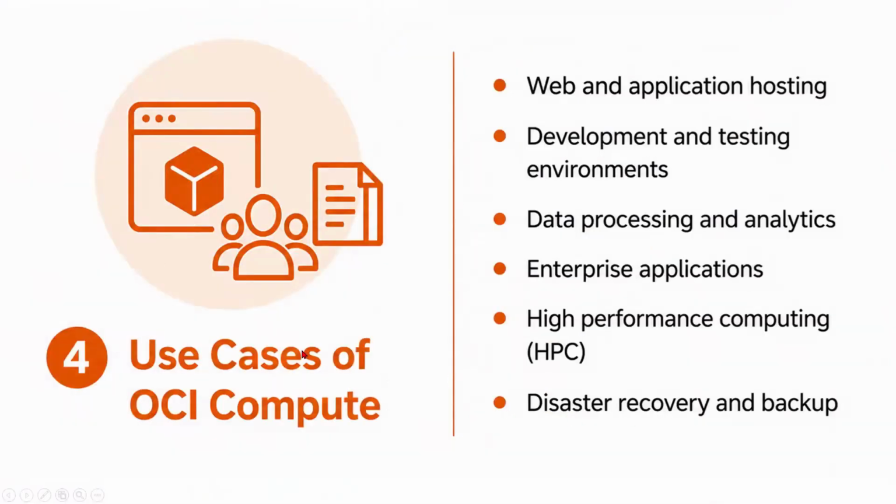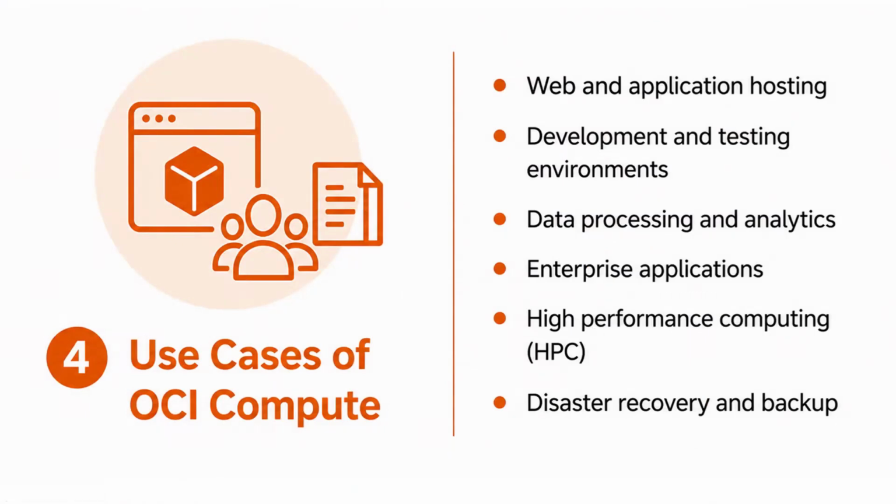These are a few use cases of the OCI Compute service. OCI Compute can be used for web and application hosting. You can use it for development and testing environments, and for data processing and analytics applications. You can deploy enterprise applications, and it can be used for high performance computing.